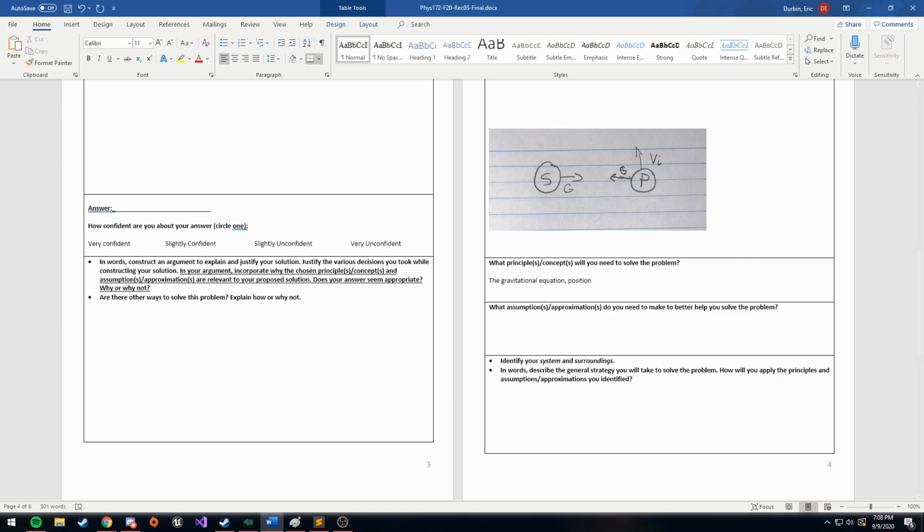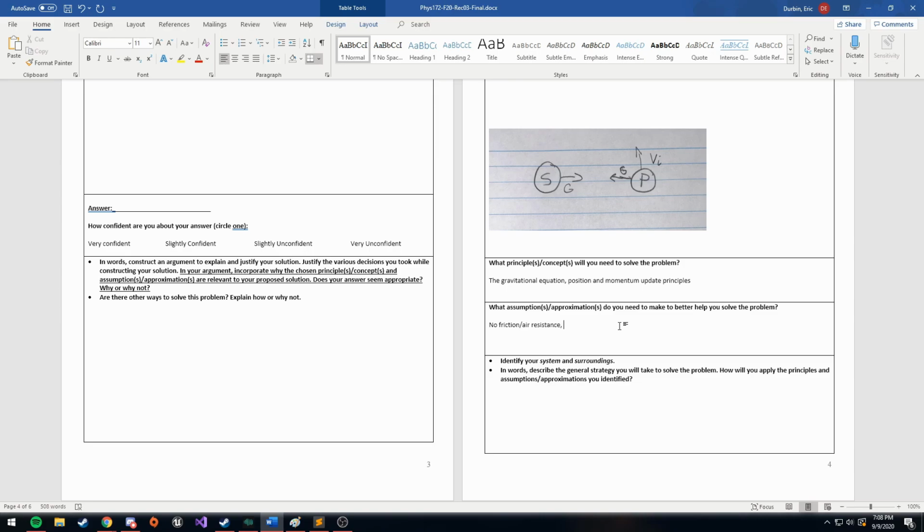And then we need position and momentum update. Correct. And hopefully that's it. Assumption, since we're in space, there is no resistance of any kind. Right. Yep. No friction or air resistance.